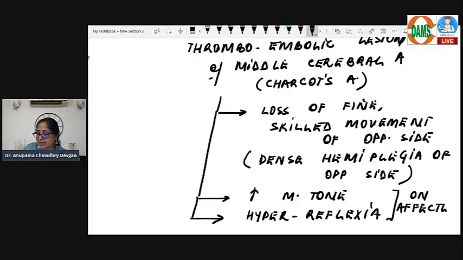Now let us try and see, why is there increase in muscle tone? Why is there hyperreflexia on the affected side? Yes, if you've seen a patient of hemiplegia, you will understand this. It is so difficult to extend his elbow. There is a spasticity that you see. There's a huge increase in muscle tone, right?